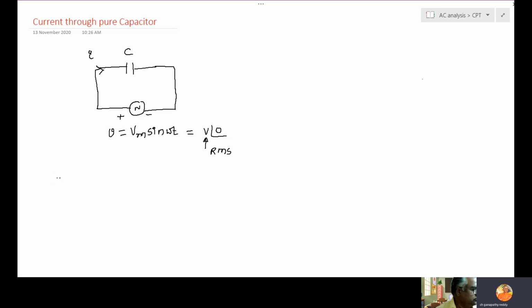I of t is equal to C dV by dt, which is C d by dt of Vm sin omega t.